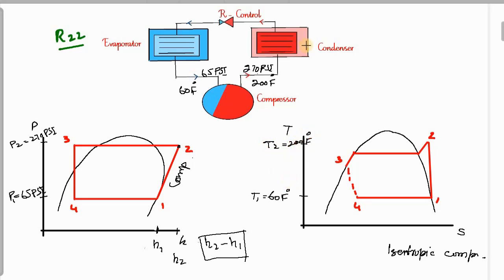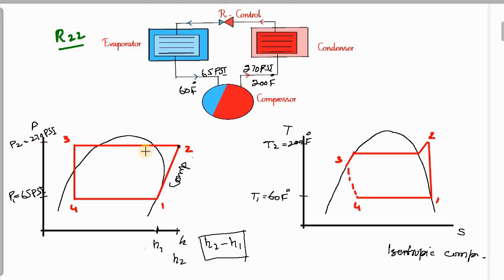Now the second process is in the condenser, and it is a condensation process. We will discuss this on the pH diagram. This is our condensation process from point 2 to point 3, and during this time the pressure of the system is constant, because at point 2 the pressure P2 is 270 psi, and at point 3 the pressure is the same 270 psi.